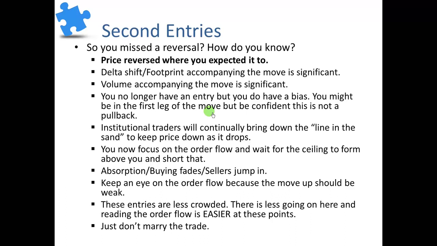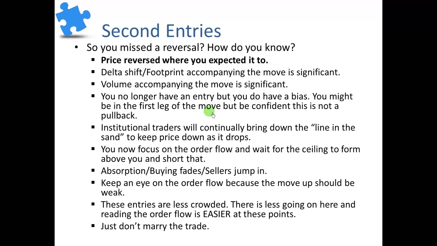I now have an upward bias. So now you wait for it to drop back down and for the floor to form below you so you can actually get in with limited risk. Then you look for the absorption, the sellers to fade away, or the buyers to jump in, the three elements of a reversal.